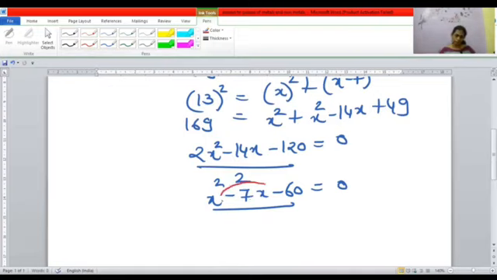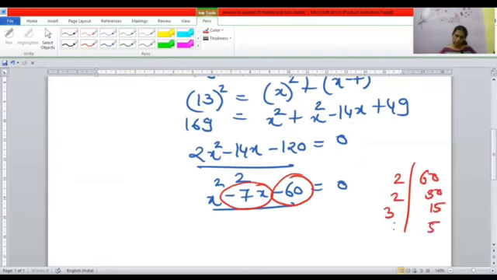So here the sum is minus 7, the product is minus 60. Again, two numbers, take the factorization of 60: 2, 30, 15, 3, 5, 5, and 1. Look for two numbers, right? So 2 times 6 is 12, and 5. 12 and 5: 12 minus 5, you're getting 7, and multiplied by 5, you're getting 60.